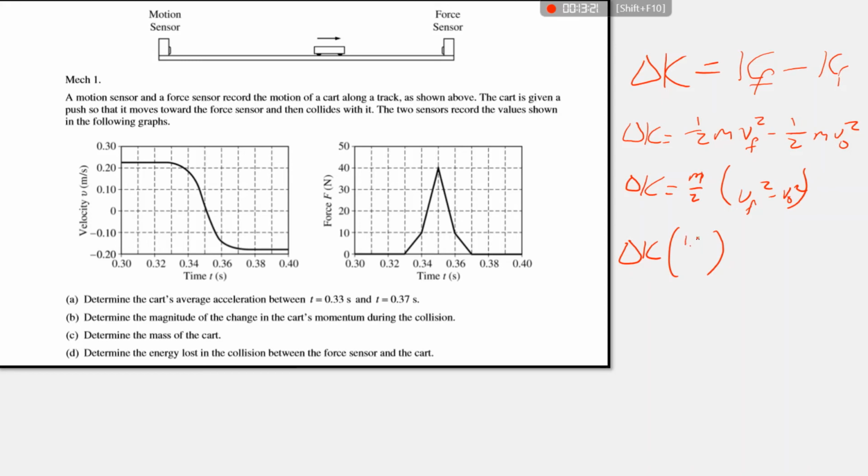Okay, we said our mass from the last one was 1.5. Okay, v final, we said negative 0.18, squared, minus 0.22, squared. And then we use the calculator.